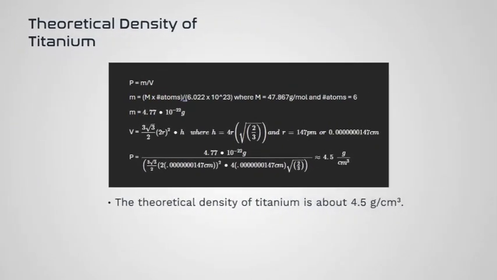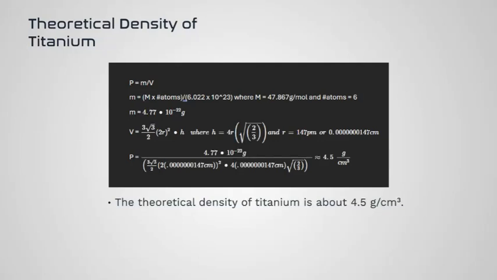Next, we're going to find the theoretical density of titanium using the formula ρ equals M over V, where M equals the molar mass times the number of atoms divided by the constant 6.022 times 10 to the 23rd, where the molar mass is 47.867 grams per mole and the number of atoms is 6. This gives M equals 4.77 times 10 to the negative 22nd grams.